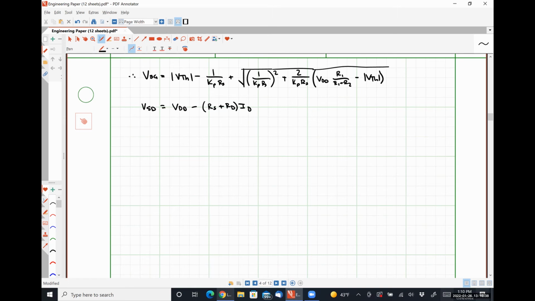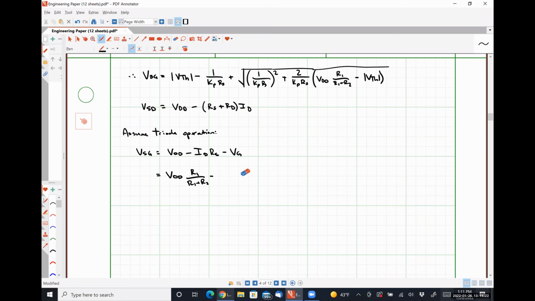Okay. For triode region operation, we can say that VSG is VDD minus IDRS minus VG, which simplifies to VDD times R1 over R1 plus R2 minus 1/2 K sub P. Sorry, not 1/2 because this is triode.